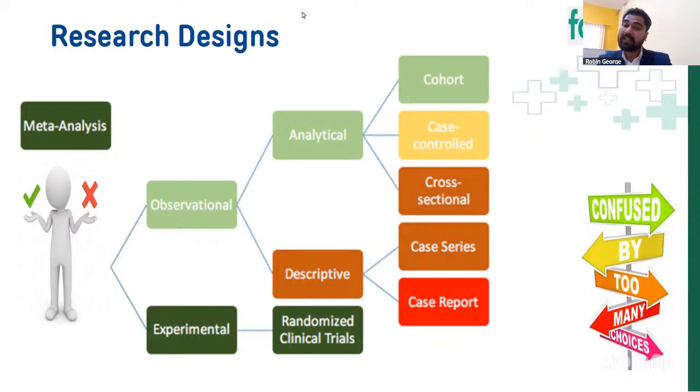The middle one, the cross-sectional study, is shown under analytical because we mostly do it as an analytical study, but it can also come under descriptive, because cross-sectional studies are divided into descriptive cross-sectional studies and analytical cross-sectional studies. So this is the classification of research designs.